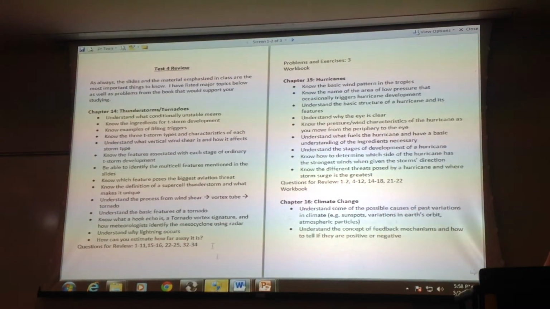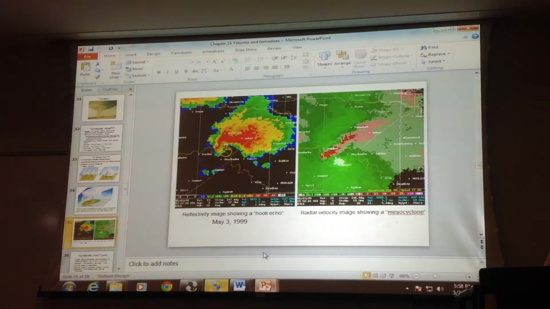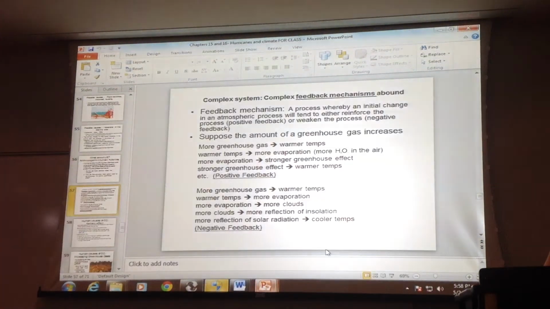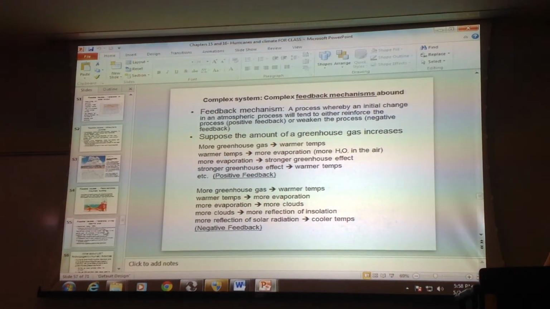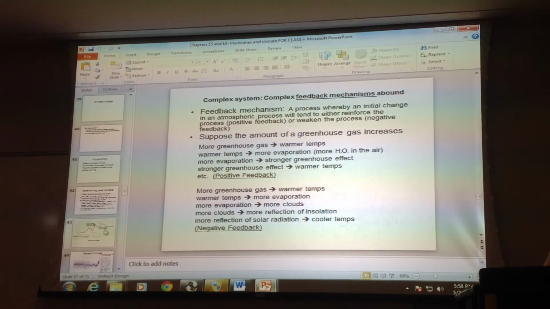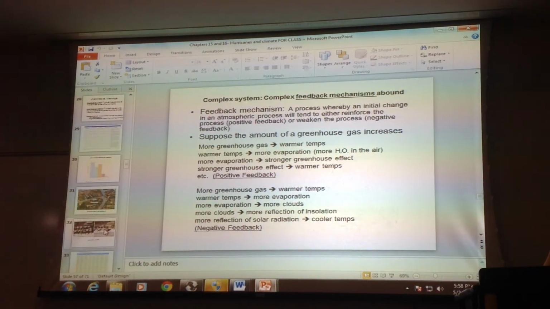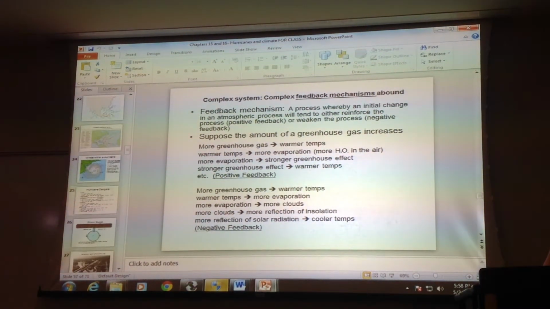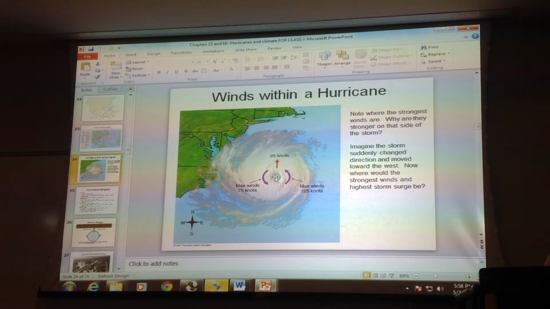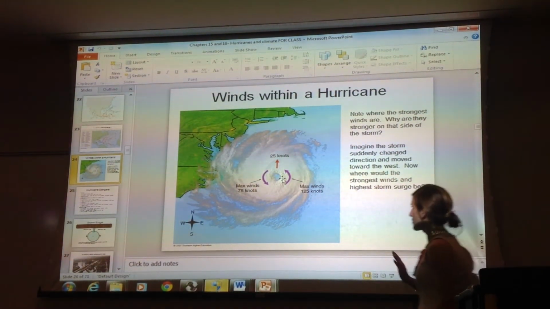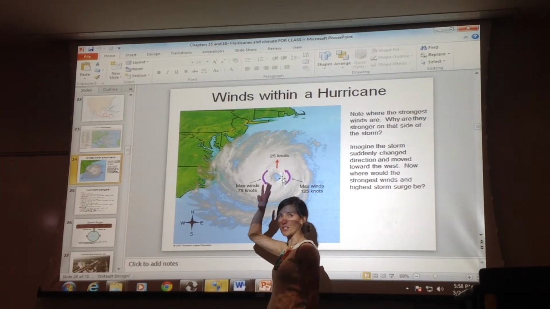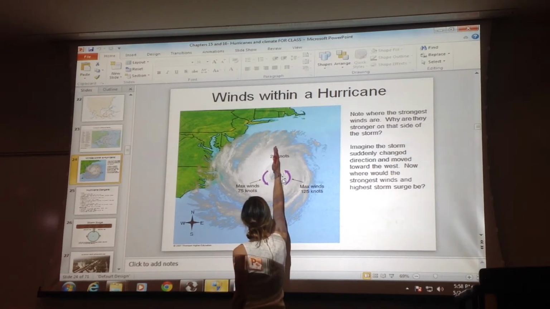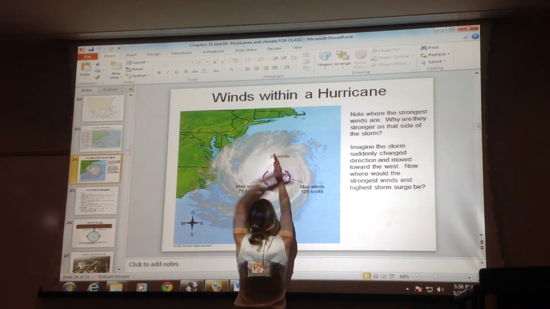Any questions? Can you explain the storm surge again? Yes, of course. So if we look at this slide, if the storm is moving north, you can divide a hurricane into 4 quadrants. So divide it in half this way and this way across the middle.